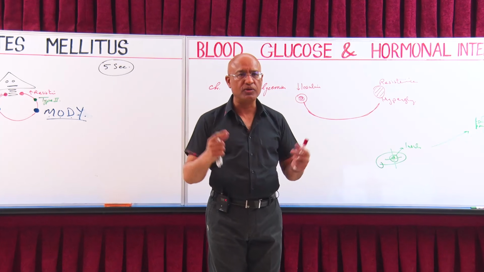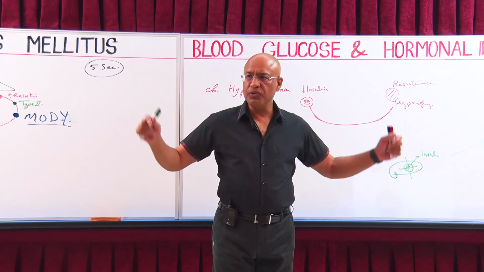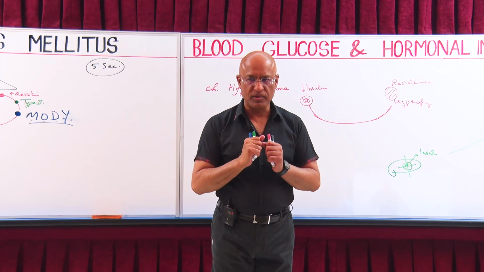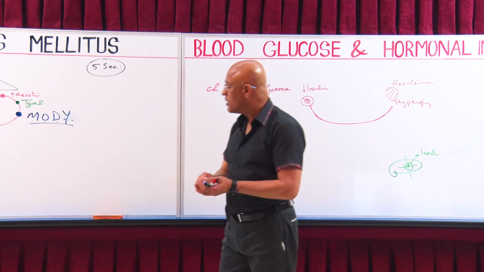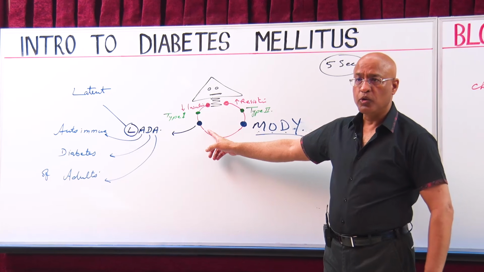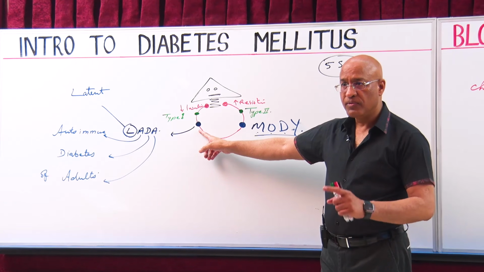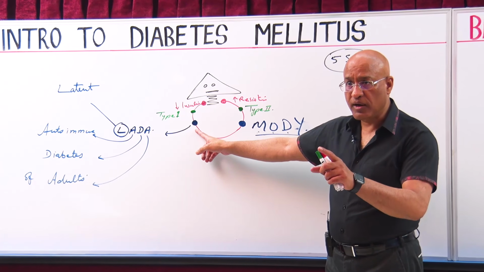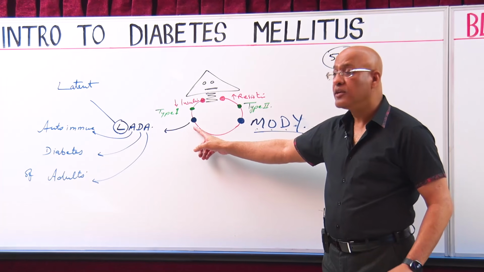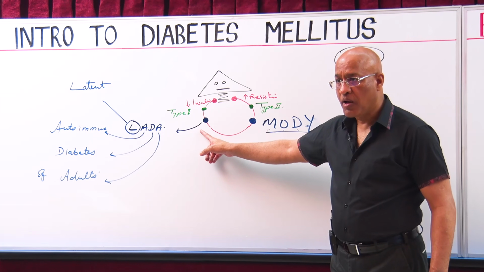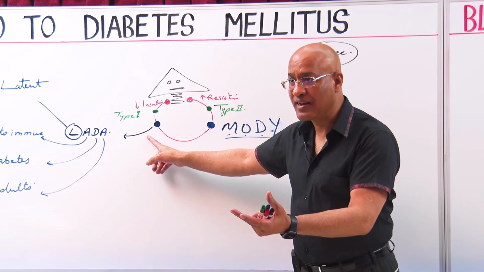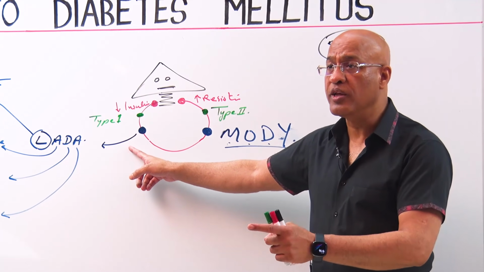Then of course there are some doctors which are very good, right? If we talk about a very good doctor, he will be aware of some slightly different situations. A very good doctor should be aware that sometimes as a doctor or as a nurse, you may come across a patient who has diabetes mellitus at adult age, but this diabetes mellitus is behaving like type 1, as if there is severe deficiency of insulin production.